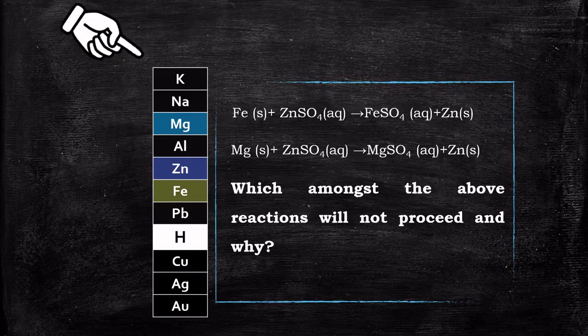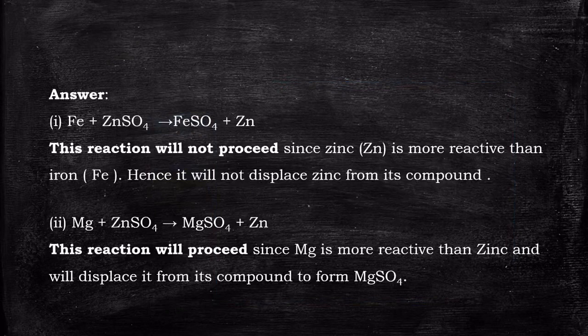But in the second one, magnesium and zinc sulfate, magnesium is above zinc, meaning that magnesium is more reactive than zinc. Therefore, magnesium will replace zinc to give magnesium sulfate, whereas iron will not react with zinc sulfate to give iron sulfate solution.